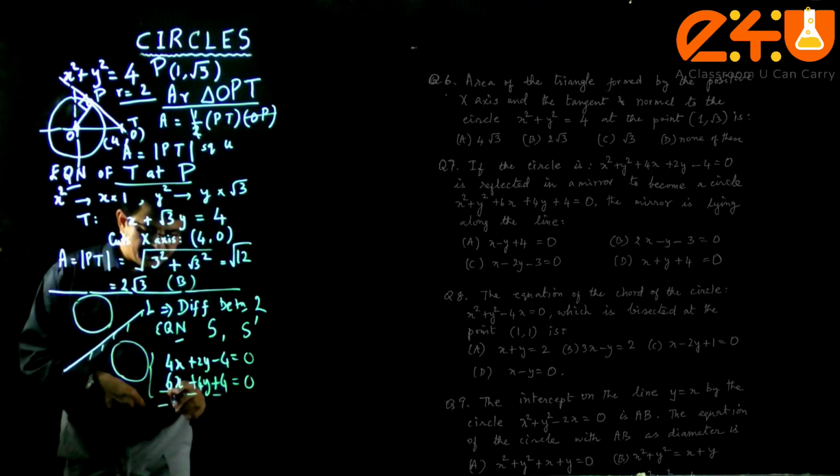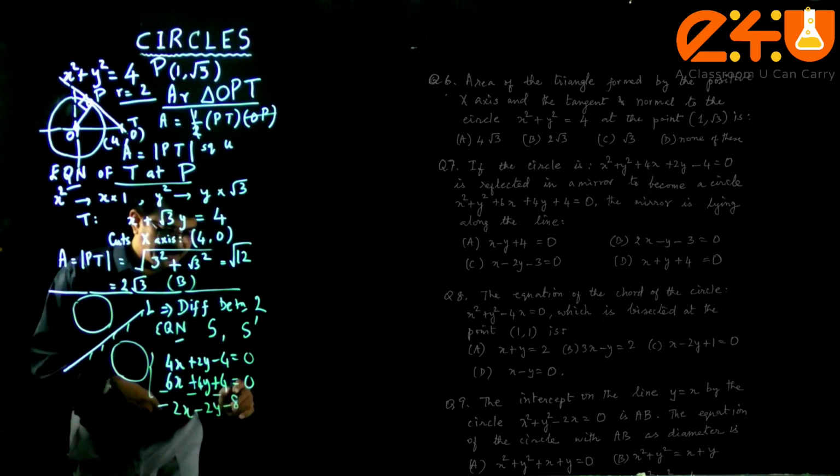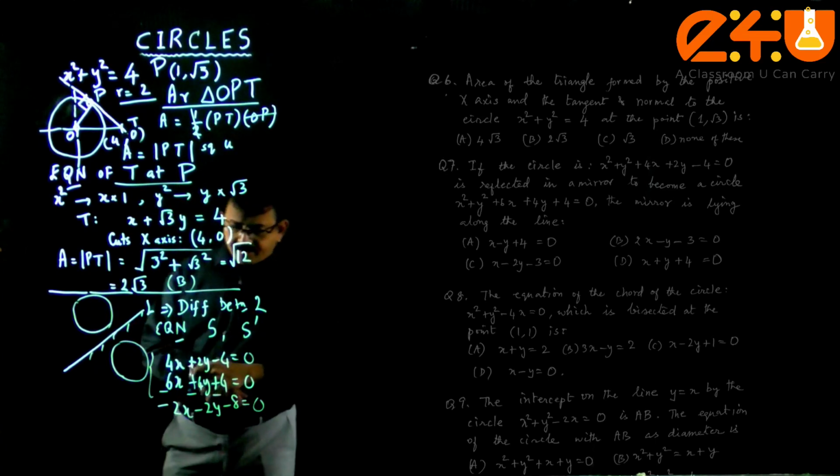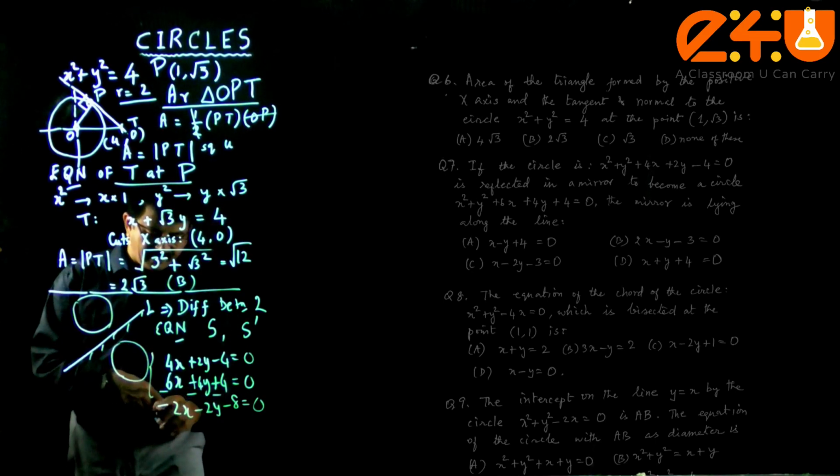You get negative 2x, negative 2y, negative 8 equal to 0. So change the sign everywhere and divide by minus 2 also.